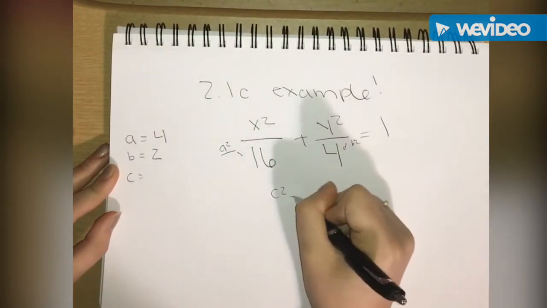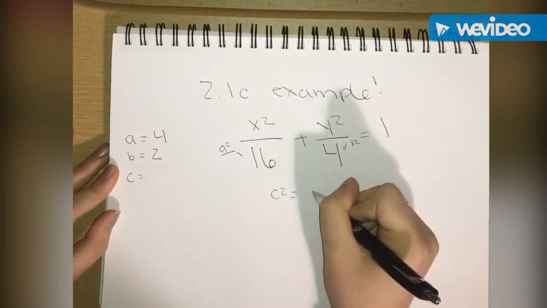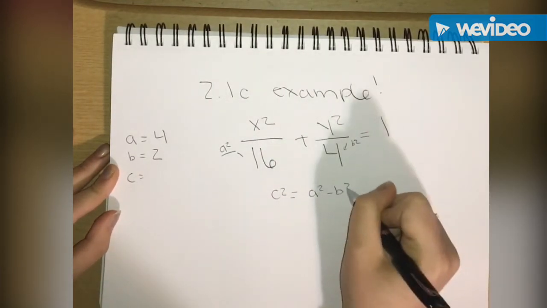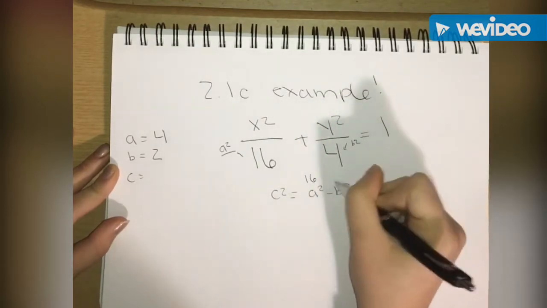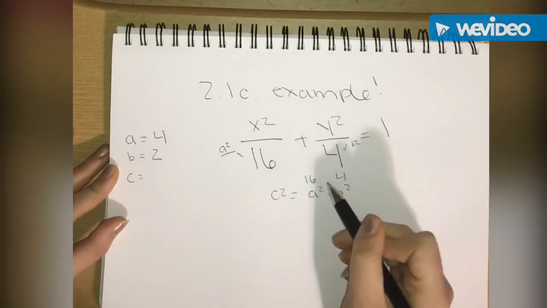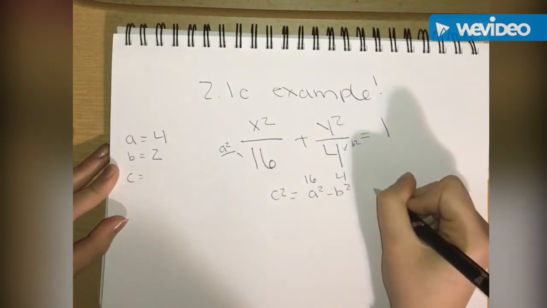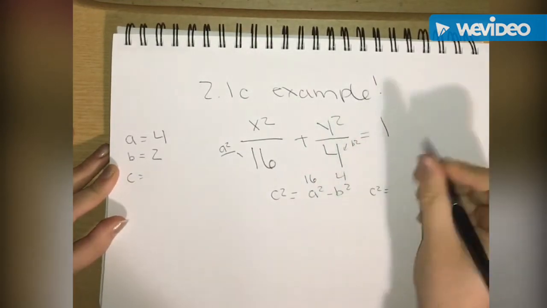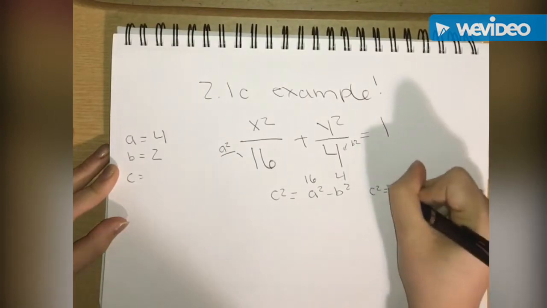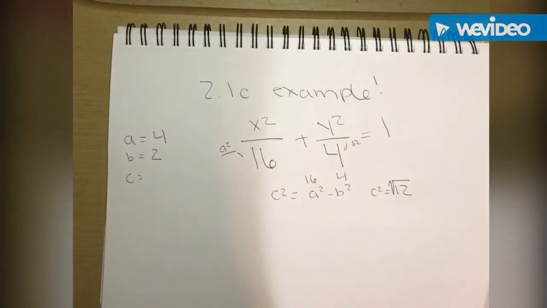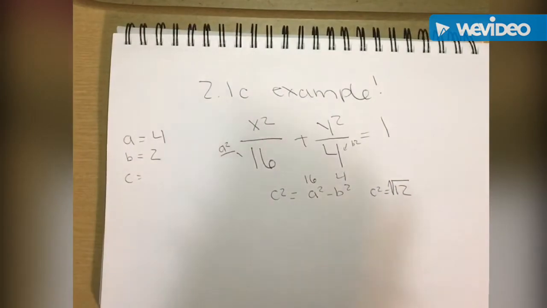And then we get to find what our c equals. We do c squared equals a squared minus b squared. 16 minus 4 equals 12. Sometimes you can leave it as the square root of 12, but I personally like to find the decimal version so I know what it equals approximately rather than just having it left as that square root.